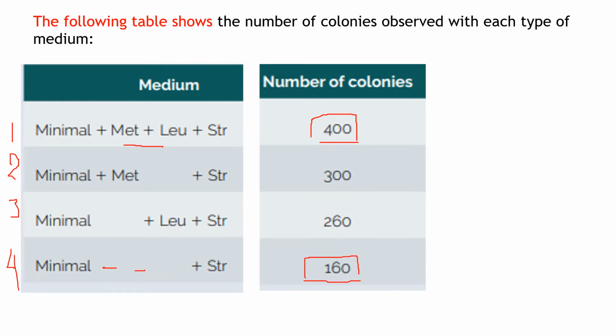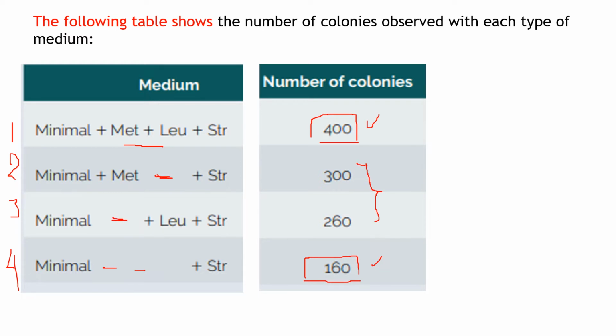This will help you to calibrate your data. This one shows growth even for bacteria that already have methionine and leucine in the aliquot, and this one has everything. So this will be key to help you calculate the other ones. And this one will be fundamental for you to calculate the one that misses this and the one that misses that.